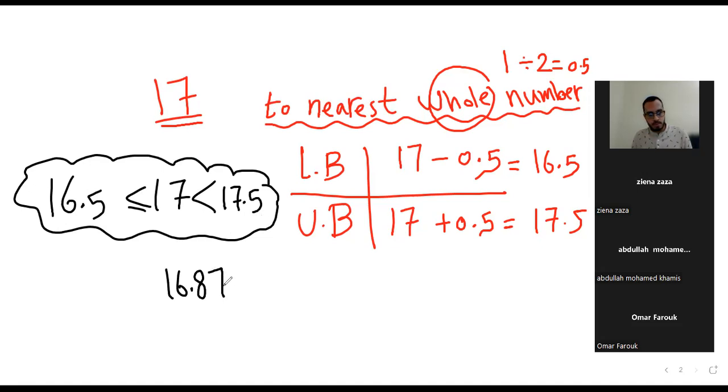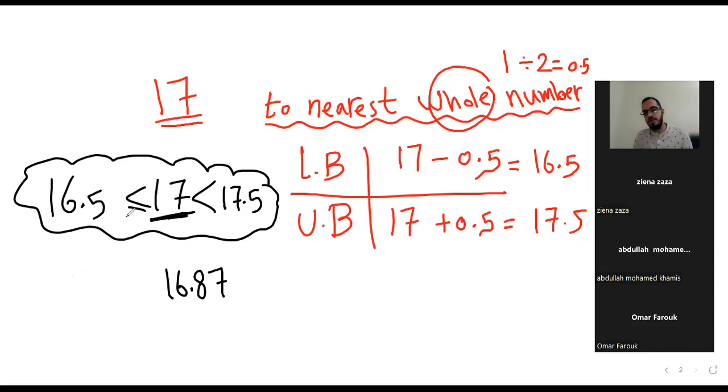Okay? 16.87 to the nearest whole number equals what? 17. So guys, any number between 16.5 and 17.5 gives you 17.